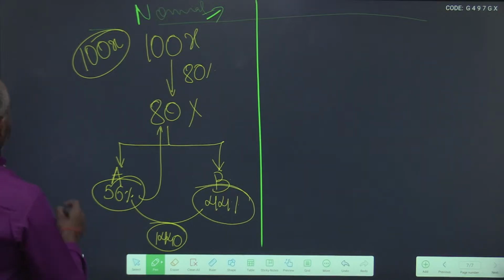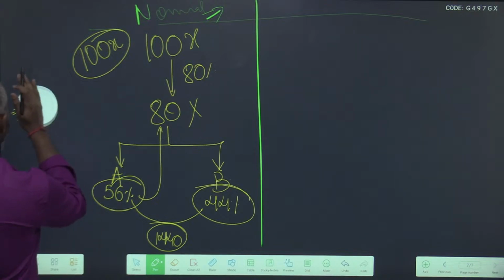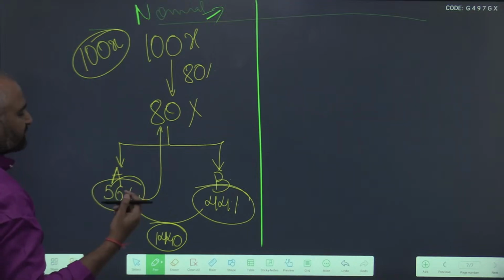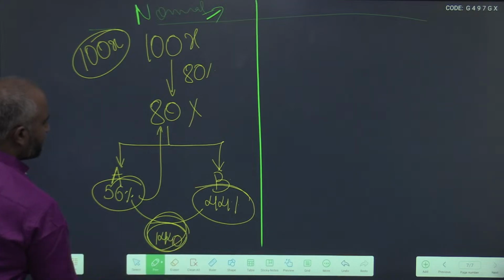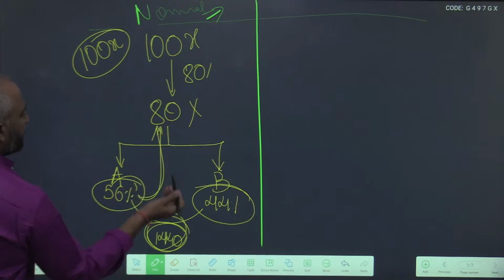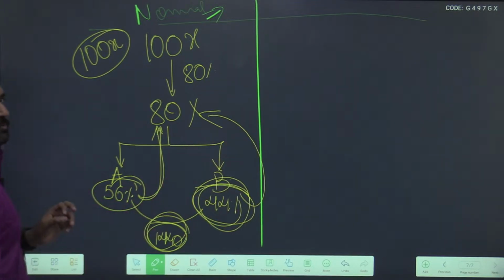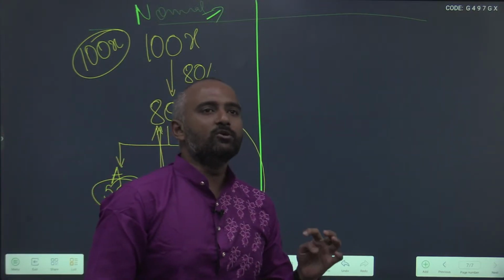How can I write this? This is 56% of 80x. Can I write the equation? Using the observation I have given you, you should use those percentages such that you arrive at this value. What is this 56% of? It is of 80x. What is this 44% of? It is also of 80x. Yesterday we discussed in class that whenever the references are the same, you can use either addition or subtraction.